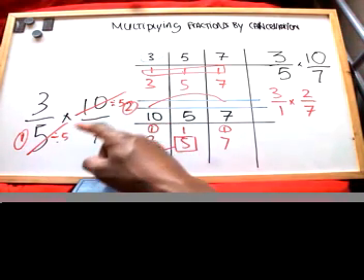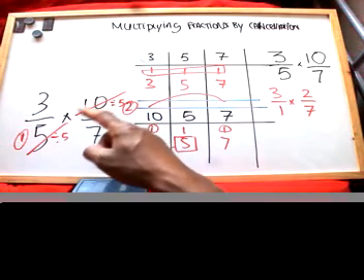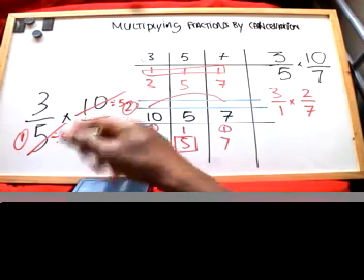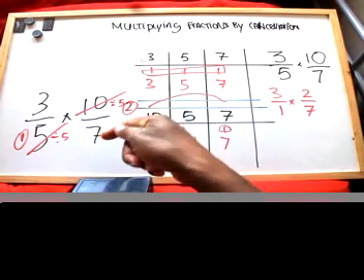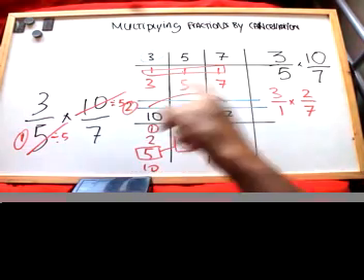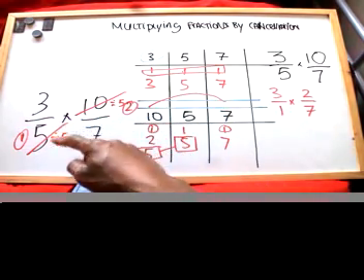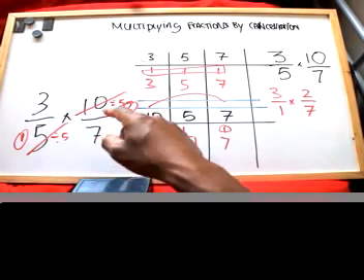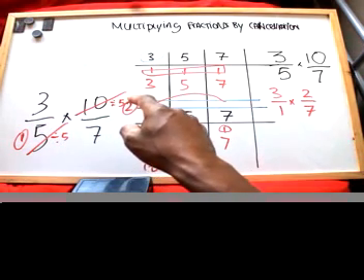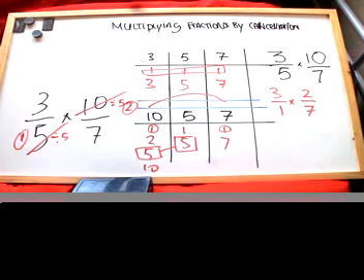It looks like we found that 10 and 5 share a factor, which is the number 5. So we divided by the factor, which is 10 divided by 5, which gives us 2, and then 5 divided by 5, which gives us 1, and we replace the original numerator and denominator with the new number, which gives us this.